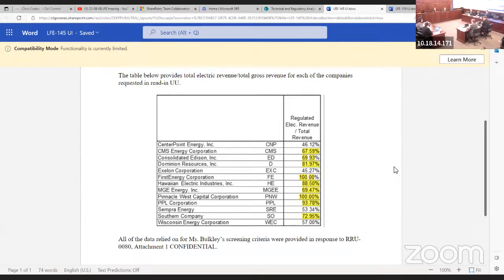I don't know if you had a chance to look at his recommended proxy group, but it's somewhat higher than yours in terms of the companies included.